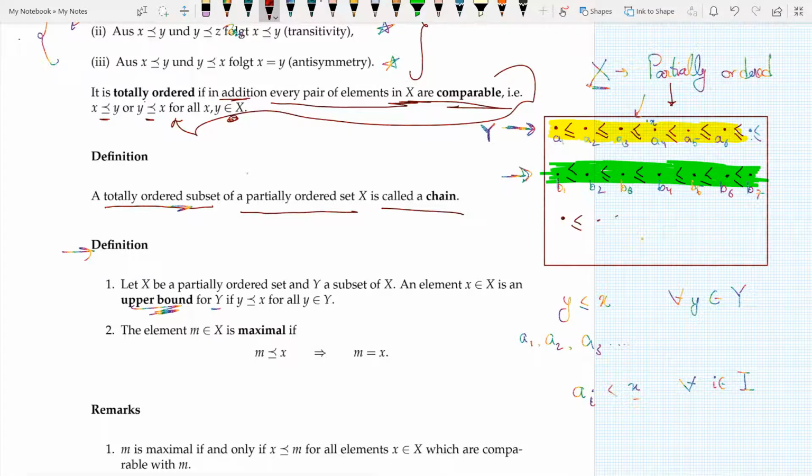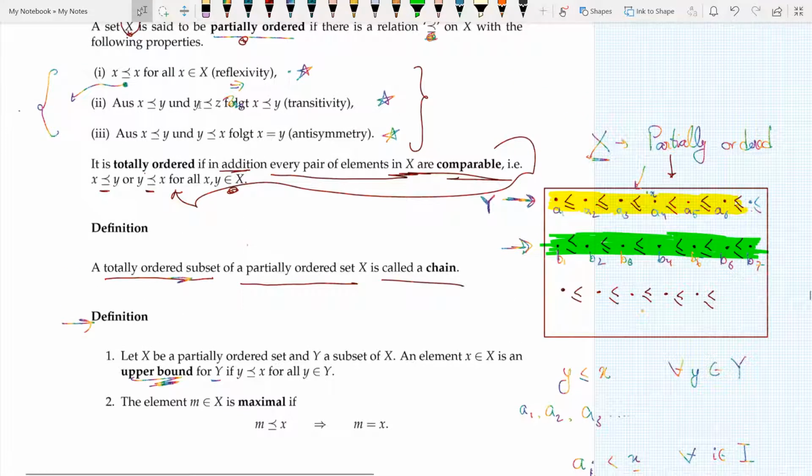has a maximal element, meaning the equivalent of a maximum element, like for the numbers 1, 2, 3, 4, 5, 6, the maximum number is 6. Similarly, we can define a maximal element with the help of this relation. This relation is also arbitrary; it should just satisfy these three properties. With the help of this relation, I define a maximal element in each of my chains.